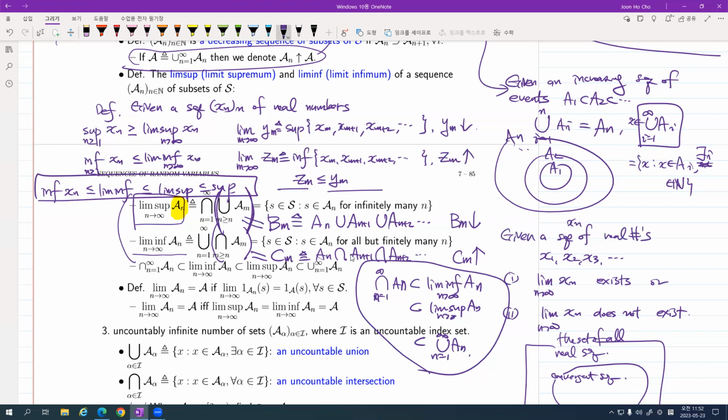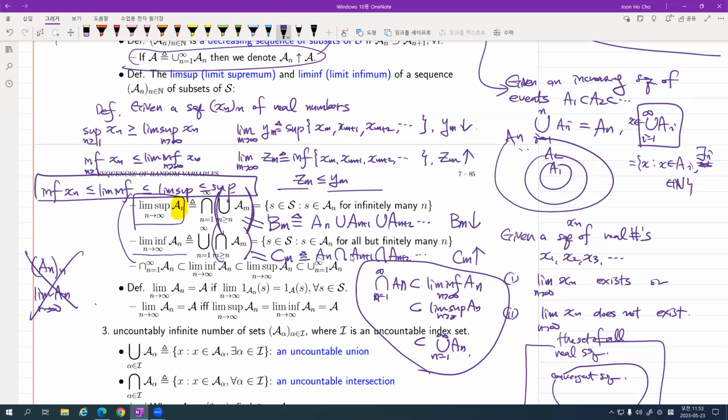Okay, so you may say, I may define a sequence of subsets, I may define limit A sub n. Actually, we don't do this, because that is a very strange definition. It's not a sequence of real numbers. So what we do is this: as I just told you, we start from the sequence of real numbers, and we redefine the limit of a sequence as the case where the lim sup of the sequence and the lim inf of the sequence are the same.